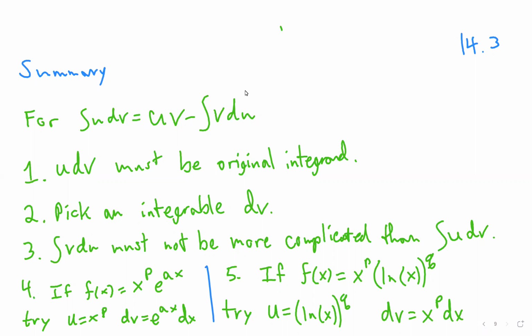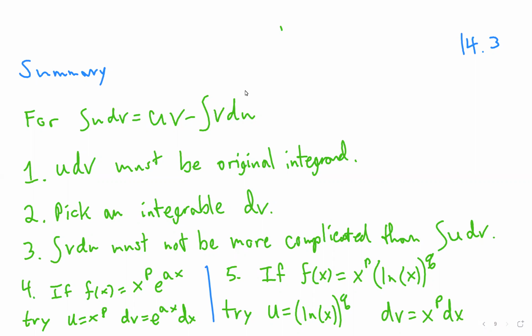But what you have is a process that gets you to where you need to be in order to solve it. Same process can happen with your f of x if x to the p times the quantity ln of x to the qth power is what your function is.